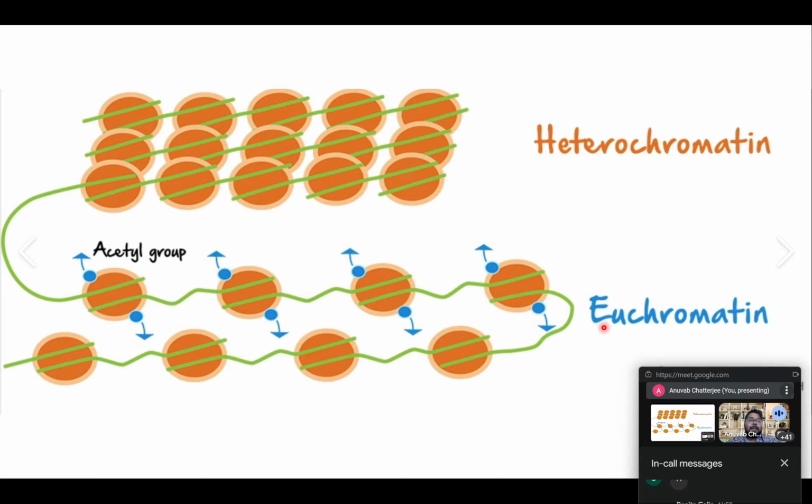So these are inactive parts of the entire genomic DNA, where no genes are being transcribed. On the other hand, euchromatin or true chromatin is loosely packed, and in these loosely packed parts, the transcription factors and the entire transcription machinery can sit and start transcribing genes. So these are the active parts of the chromatin.